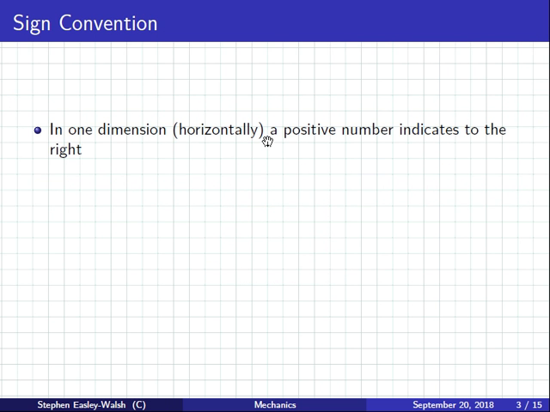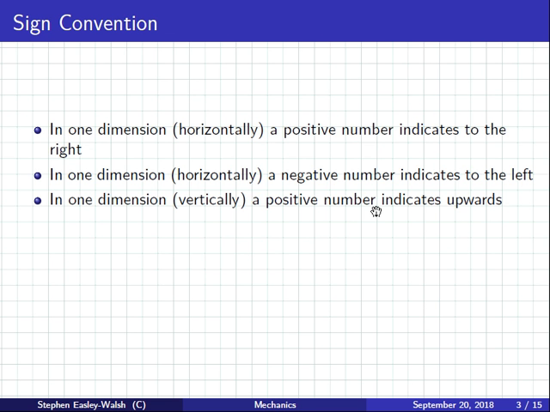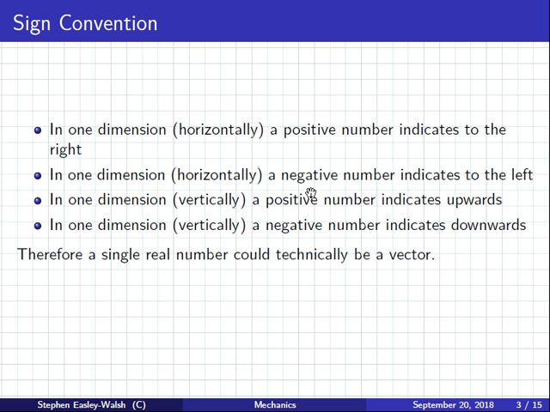Right, so just some things before we start. In one dimension, a straight line, a positive number means you go to the right, and a negative number means you go to the left. Vertically, a positive number means you go up, and a negative number means you go down. So one number could be a vector because the direction is the plus or minus.